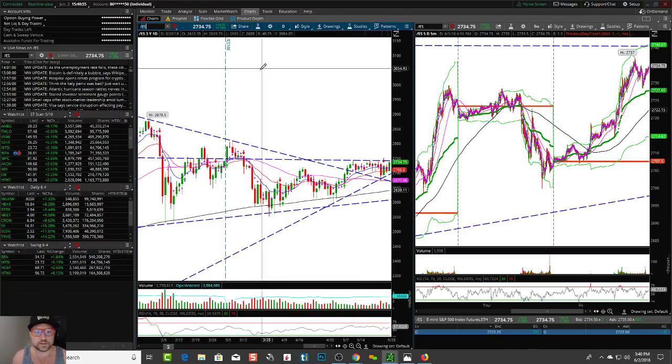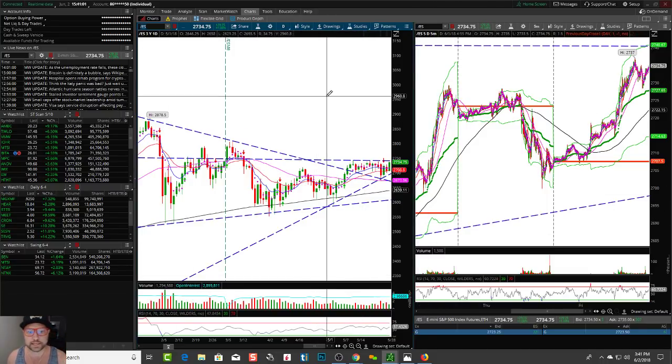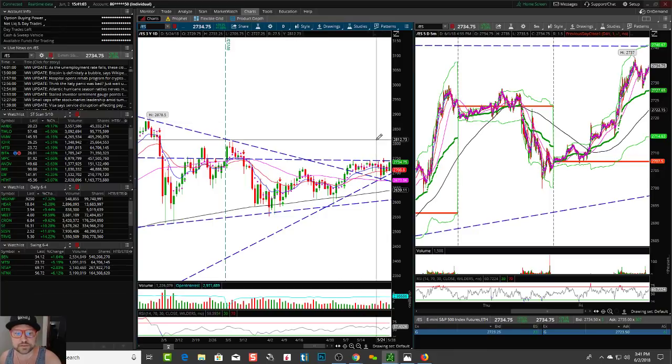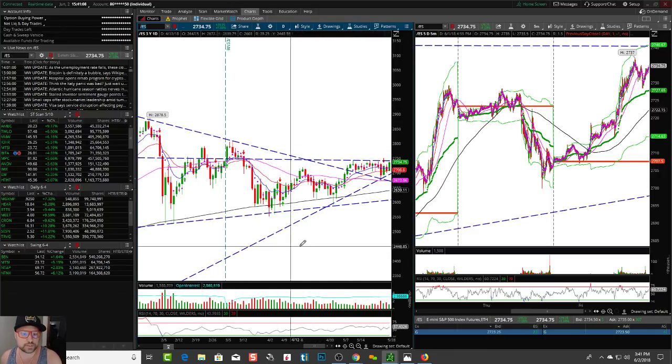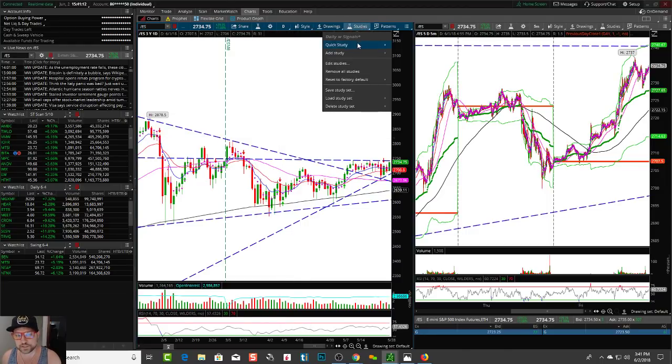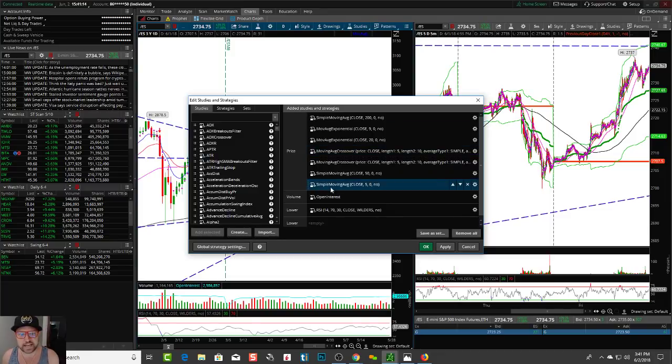So here's my screen and how I have it set up over here, right? You can set up your screen however you like it. This is how I personally like my screens. When you get your Thinkorswim platform set up like this, obviously, you're going to go into your filter studies over here, kind of edit, get your studies how you like them.